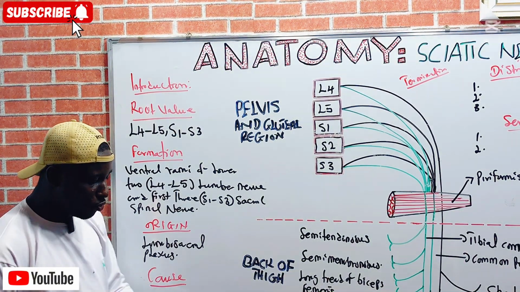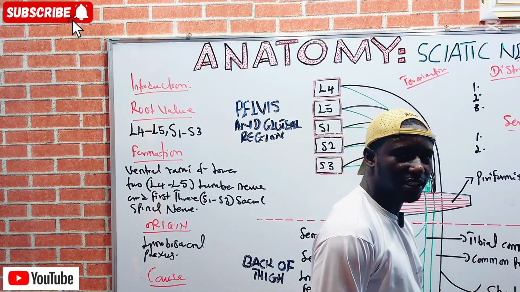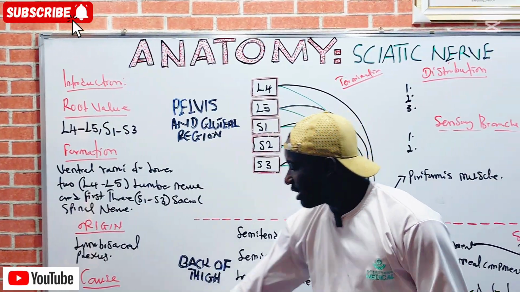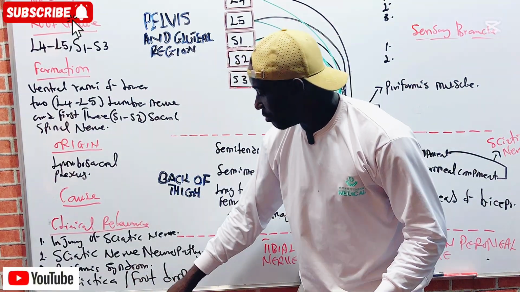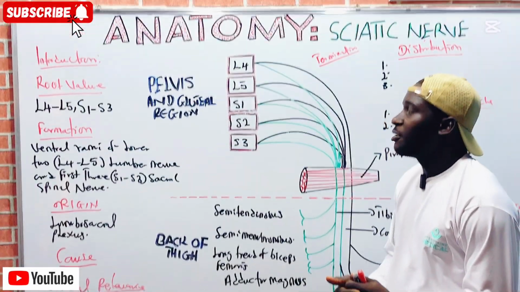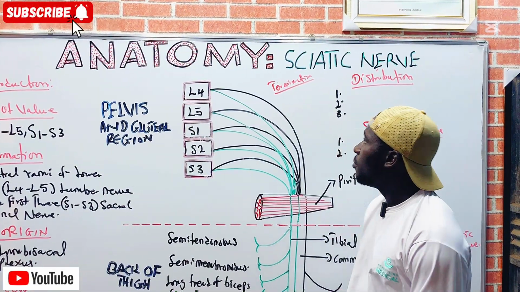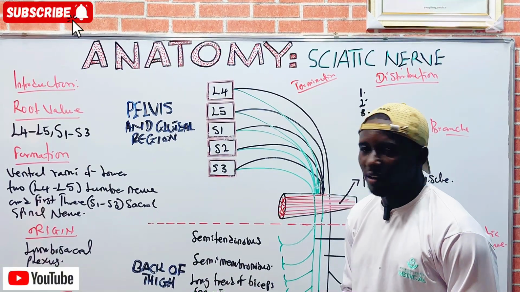You get, the person will be walking like this. It will implicate a certain gait. So injury to the sciatic nerve or paralysis of the sciatic nerve implicates sciatica, which can become the foot drop. I believe we have discussed the anatomy of the sciatic nerve, ranging from the introduction to the clinical relevance.